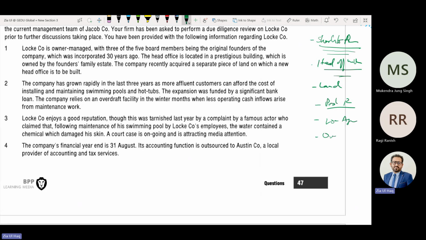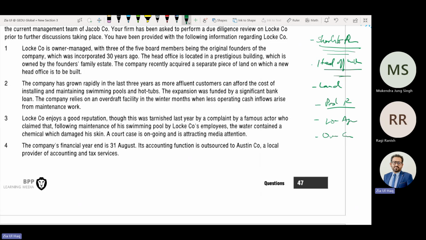So we need the overdraft contract copy to see whether this overdraft will continue after the change of ownership after acquisition or not. Because in future, we might need to survive on overdraft in winter months as well. If it will not continue, ultimately how will we survive in winter? We need to see that.